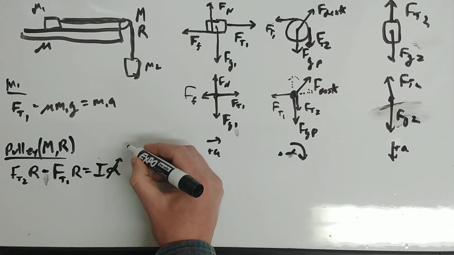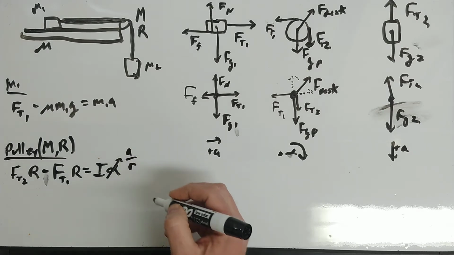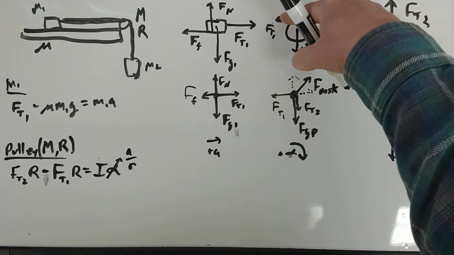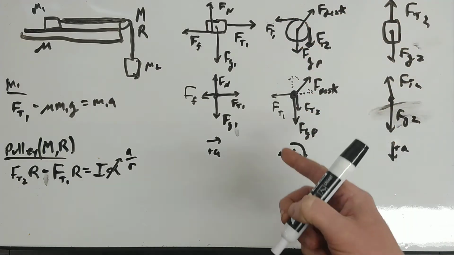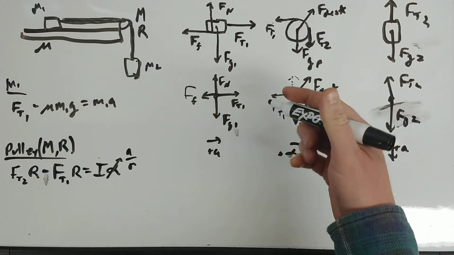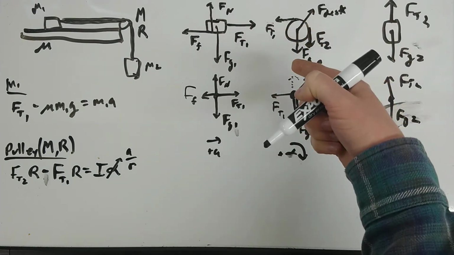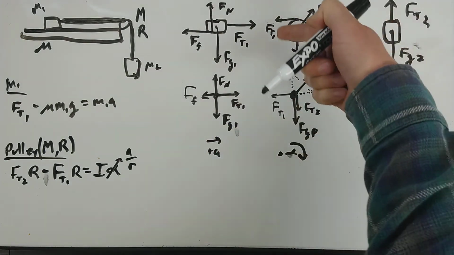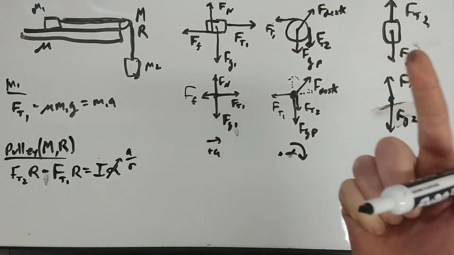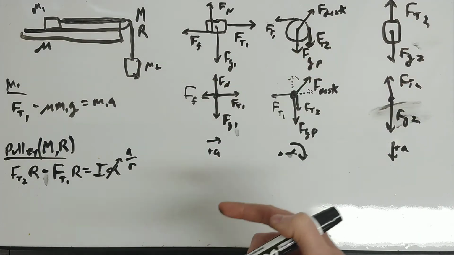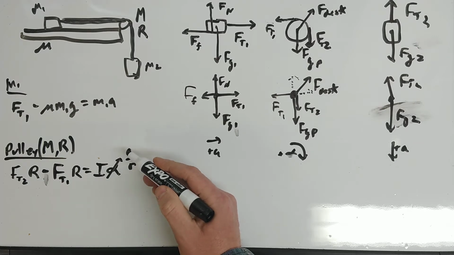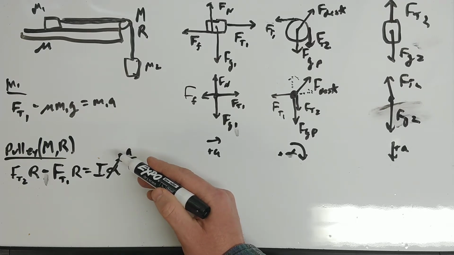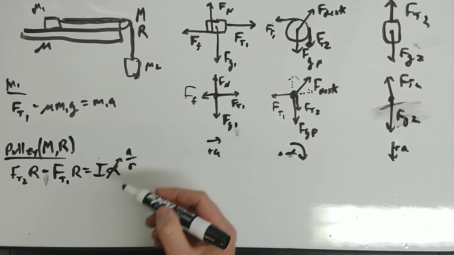Why don't we go ahead and do it now. Alpha always equals a over R, right? Whatever rate at which that string is going over the surface of the pulley, pulling it, that's going to be in meters per second squared. If I want to figure out the angular acceleration, alpha must be equal to a over R here.